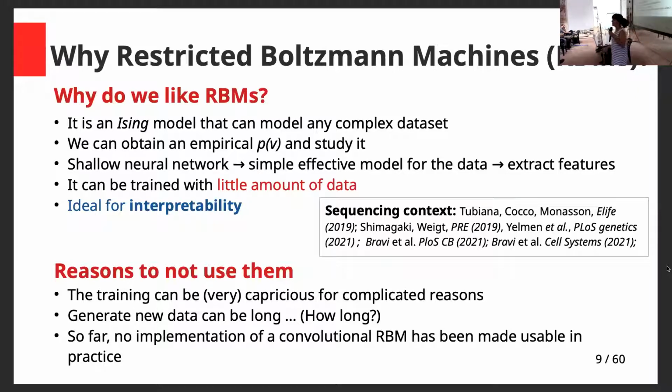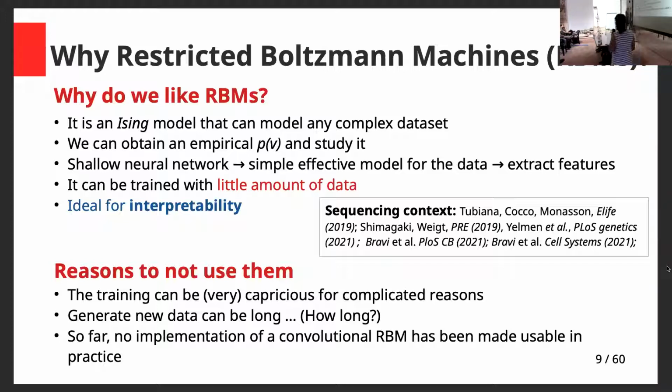This is useful especially when you have experimental data, or in the sequencing context, because now we have very large databases of protein sequences whose functions and structures we don't know, so we can try to learn from them. Maybe these databases are not that large. So restricted Boltzmann machines have appeared as a very nice object to extract biological information.